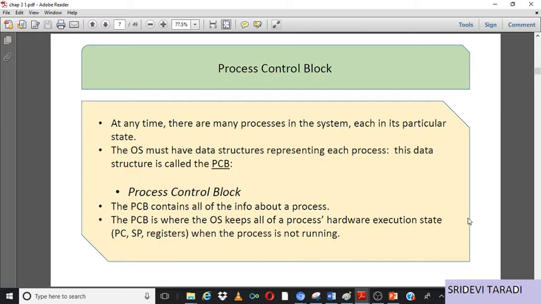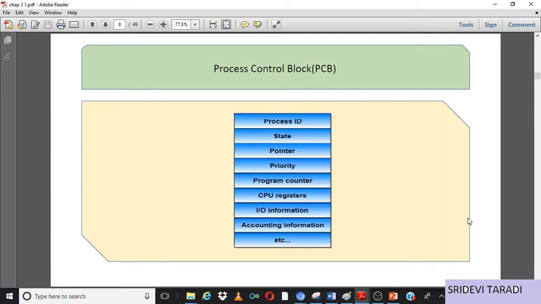The PCB, or the process control block, contains all the information about a process. The PCB is where the operating system keeps a record of the process's hardware execution state, that is program counter, SP, registers, when the process is not running.